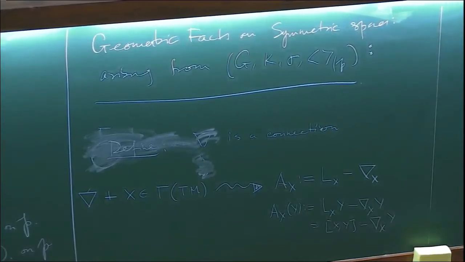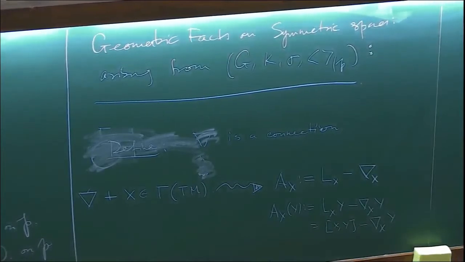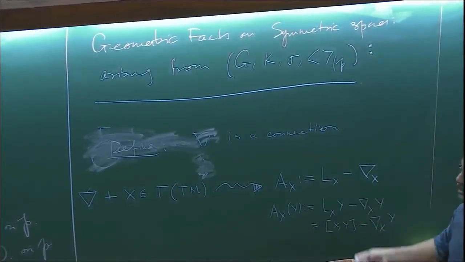A difference always becomes a tensor because certain things cancel out and it becomes F-linear. It's very easy to check.